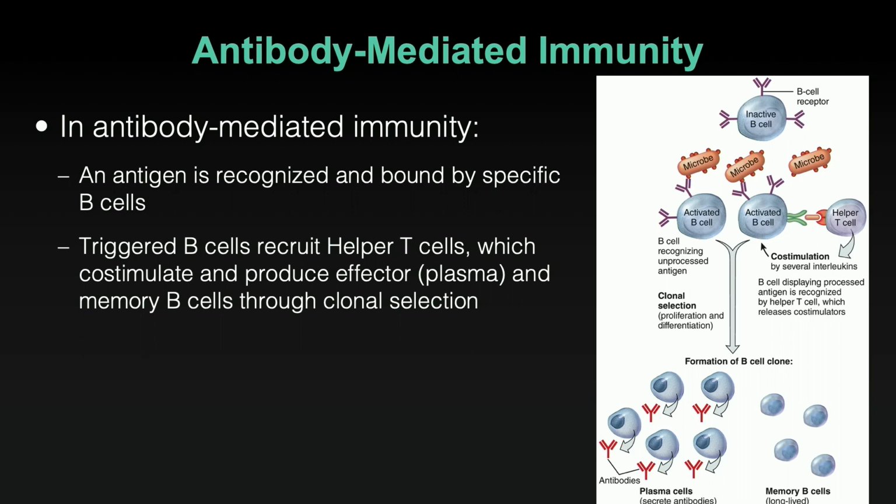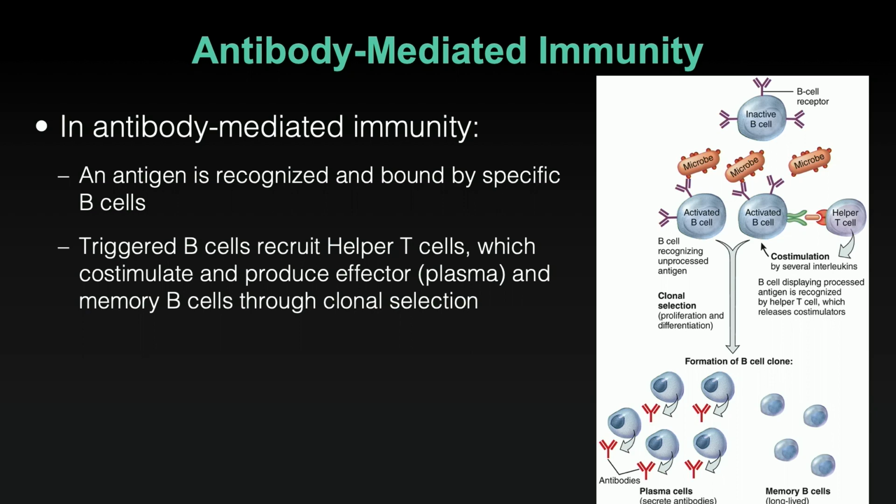Like we saw on the cell-mediated side, these cells want to mount an immune response, but they can't do it alone. They need secretions from helper T cells to induce clonal selection. Very similar pathway here as on the last slide.